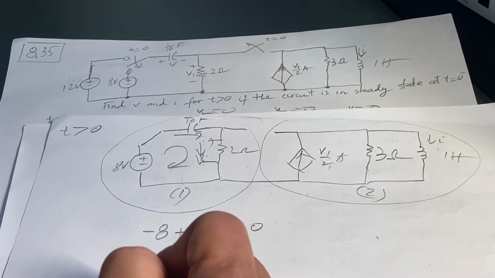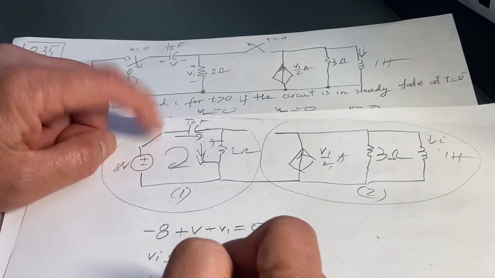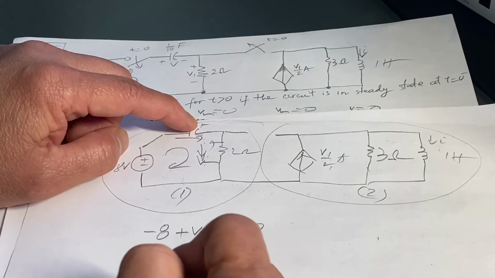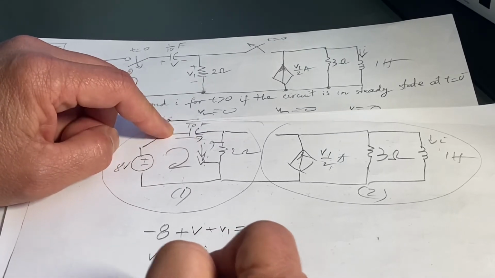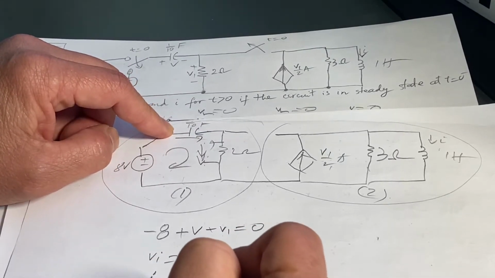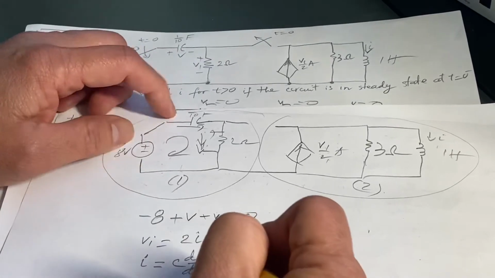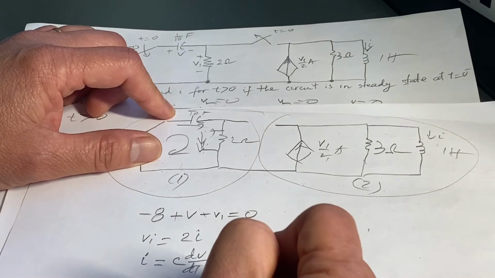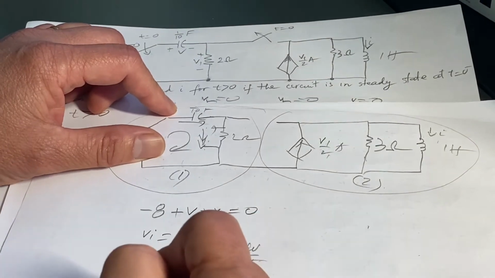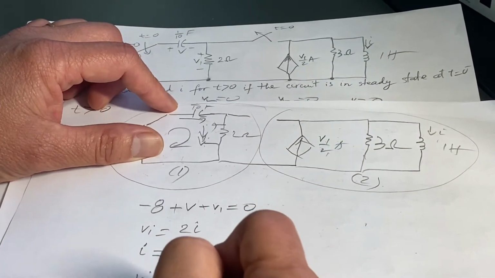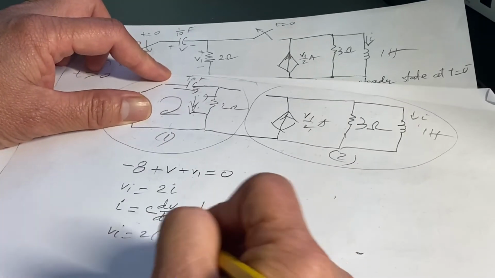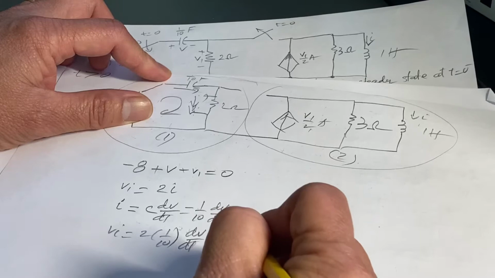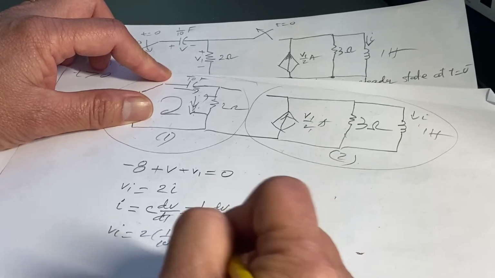But we know this is the current I going to the capacitor, and the current I equals C dV/dt, where C equals 1/10. So V1 equals 2 times 1/10 dV/dt. That means it equals 1/5 dV/dt.